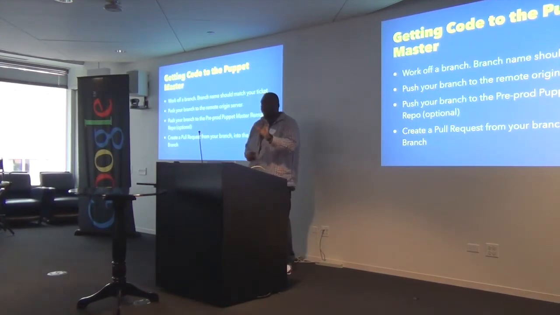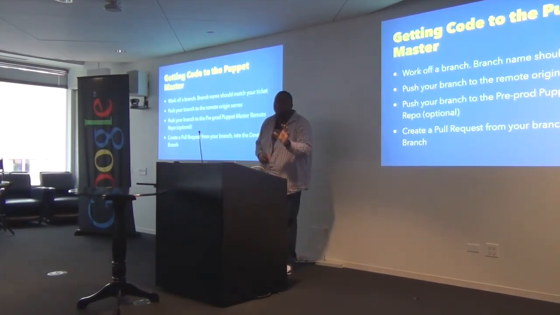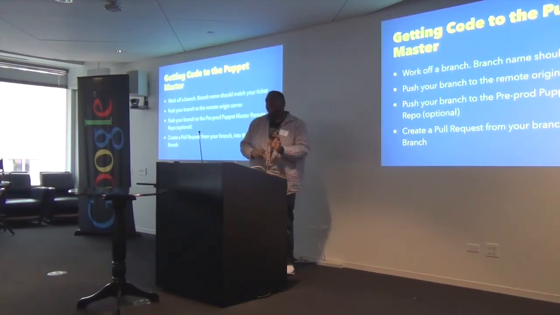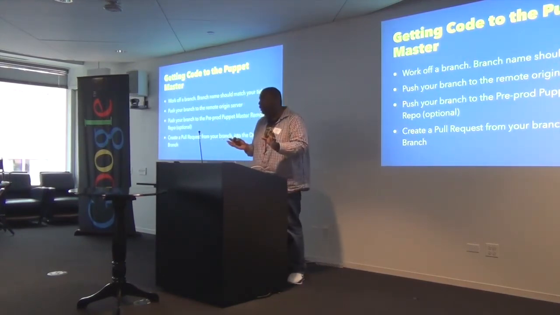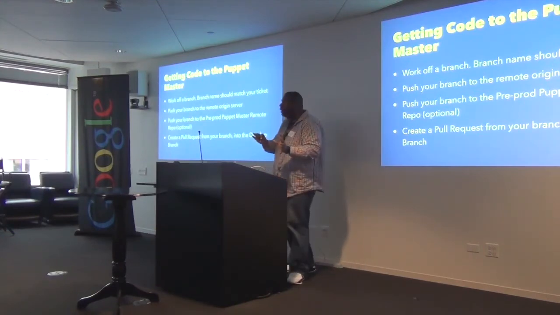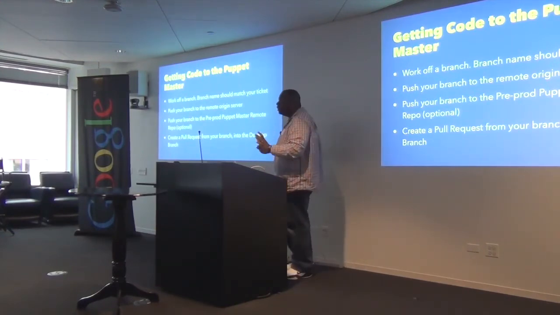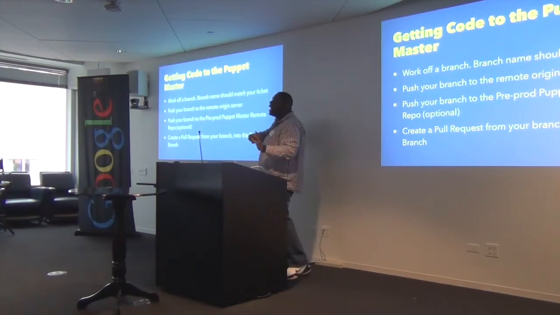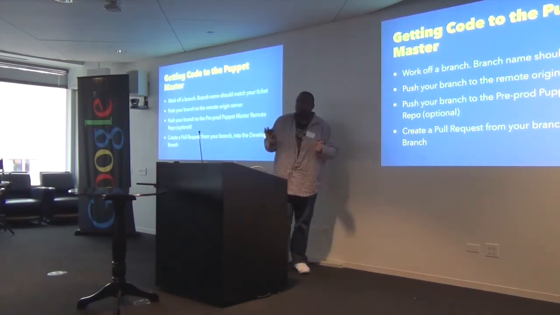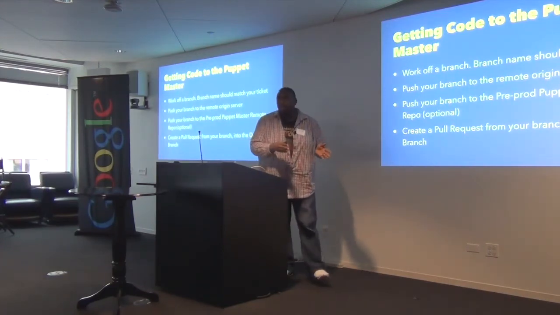As I said earlier in the talk, the pre-prod Puppet master has a remote Git repository on it, and its main function is really to give you the exact same thing that R10K is giving you, right? When we push our branch to the remote Puppet master's repo, it basically has a post-commit hook that takes that data, copies it to a dynamic environment, and then you can test against that dynamic environment before you merge it into develop and then ultimately into master.